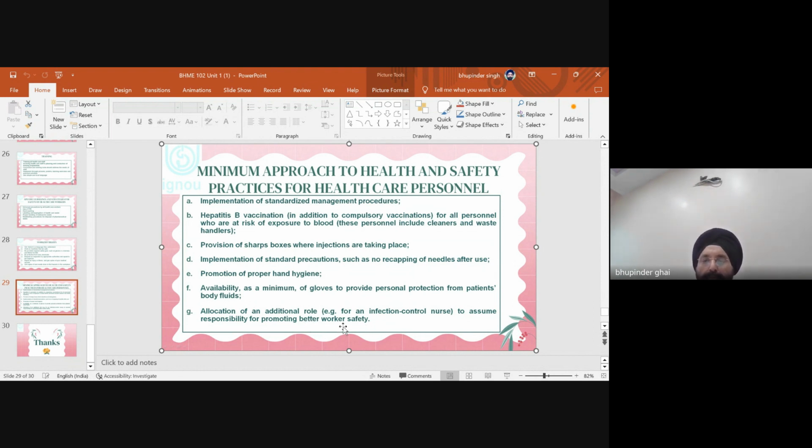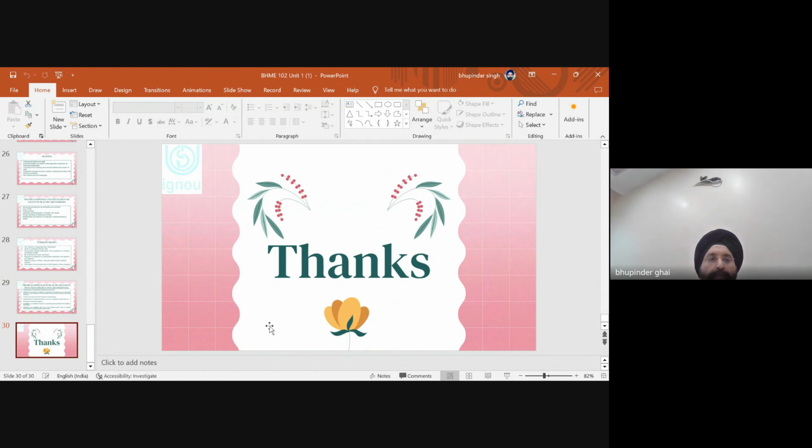That means at the workplace, a separate infection control nurse should be there who can take care of control of infection at the workplace. Thank you. So by this we come to the end of unit 1 of the BHME 102.